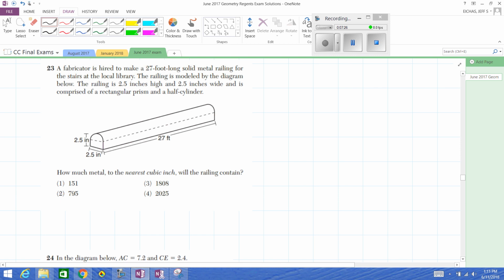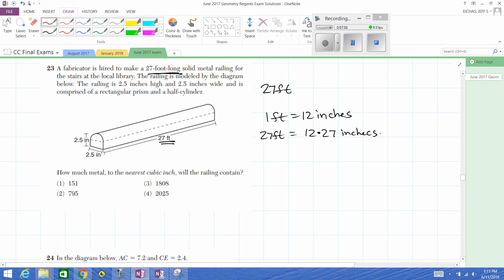Oh, wonderful. Okay, so the trick on this one is all in the dimensional analysis. So 27 feet is going to throw us off here. We should change that to inches. Since 1 foot is 12 inches, for 27 feet it's 12 times 27 for the inches.